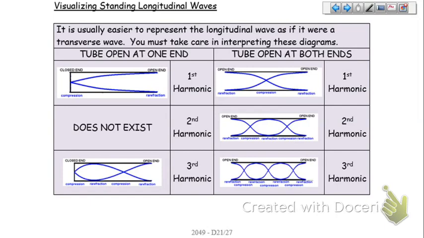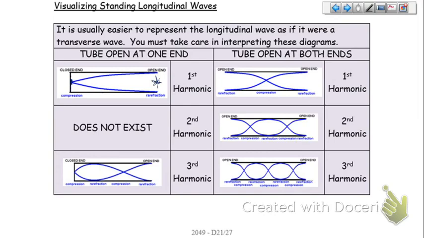This, if you like, is doing the displacement versus position, or maybe the pressure versus position, but it's an analogy, isn't it? It's saying there's no vibration allowed next to this wall, so that's like a node. There's a lot of vibration allowed near this bit. That's like an antinode. So it's using the analogy to draw the similar pattern.